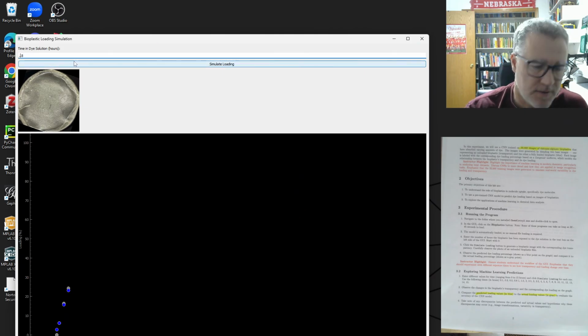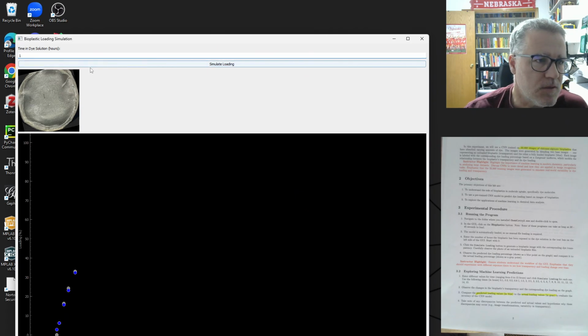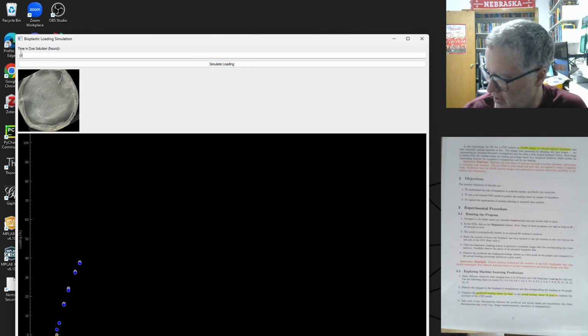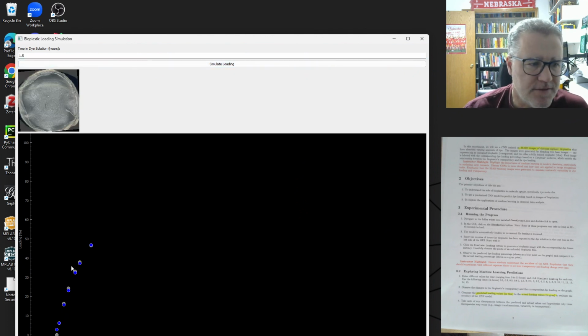Oops. And 1. 1.5. Still doing quite well over a big range of loading because it was trained on a fairly robust data set.